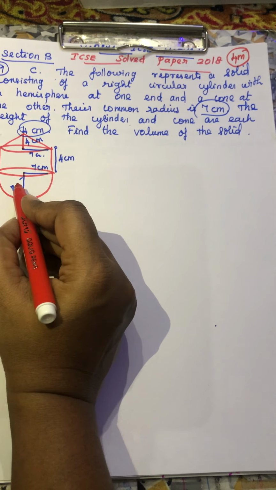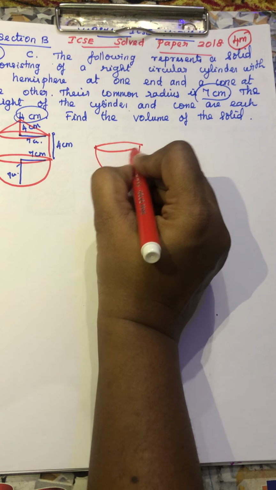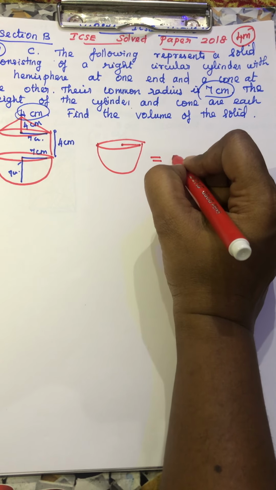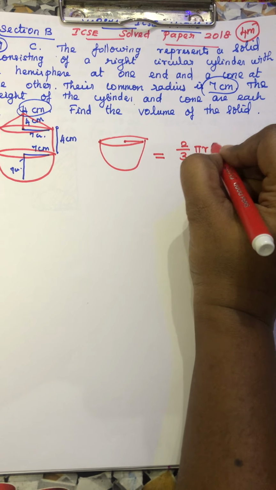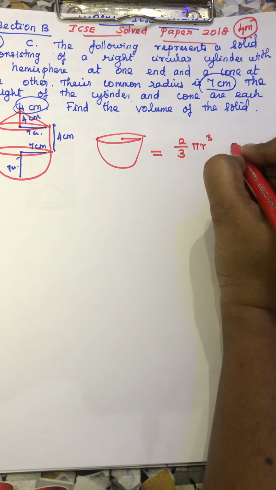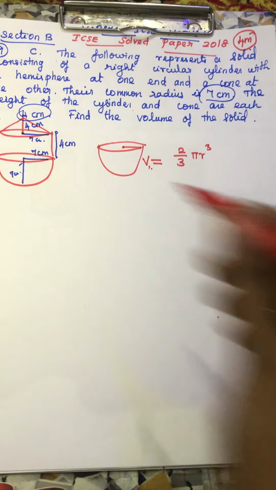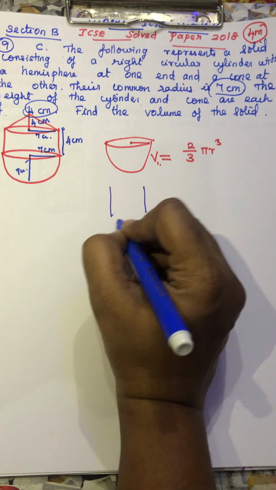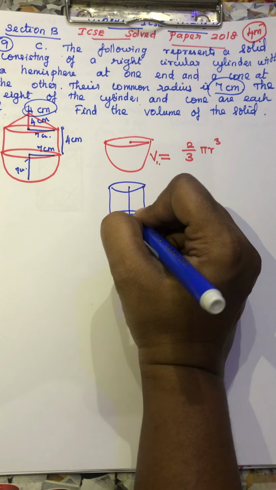So you have 3 solids. What are the solids? One is the hemisphere. The volume of the hemisphere is 2 by 3 pi r cube. This is volume 1. The next solid is the cylinder. This is volume 2.